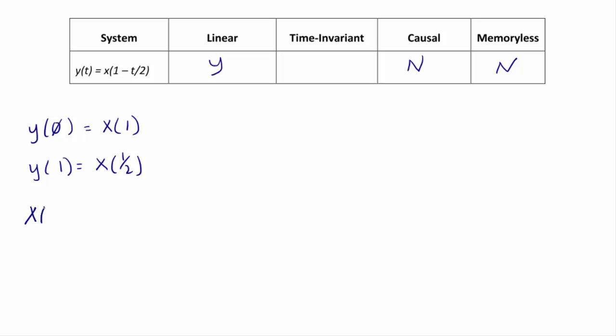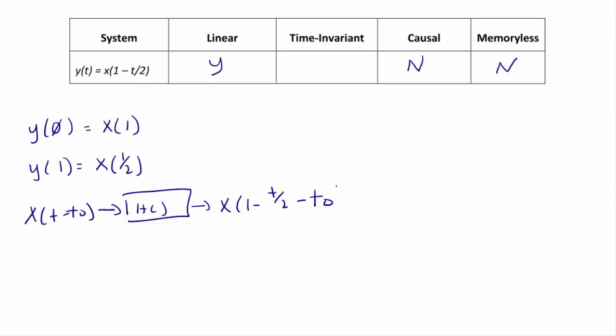If the input is x of t minus t naught, and I send that through the function, then the output is x of 1 minus t over 2 delayed by t naught, and this is z1 of t. z2 of t is equal to y of t minus t naught.